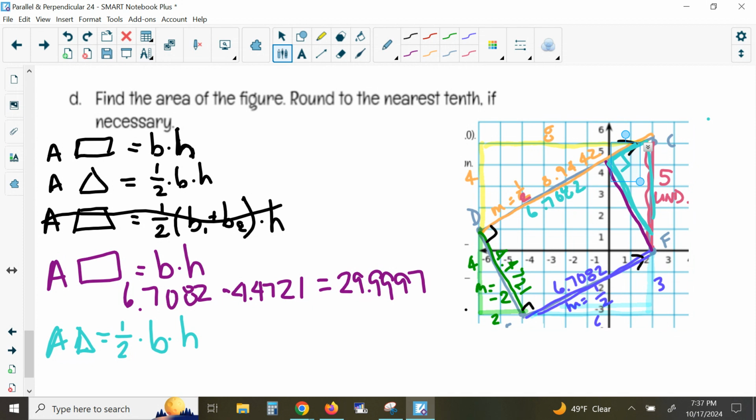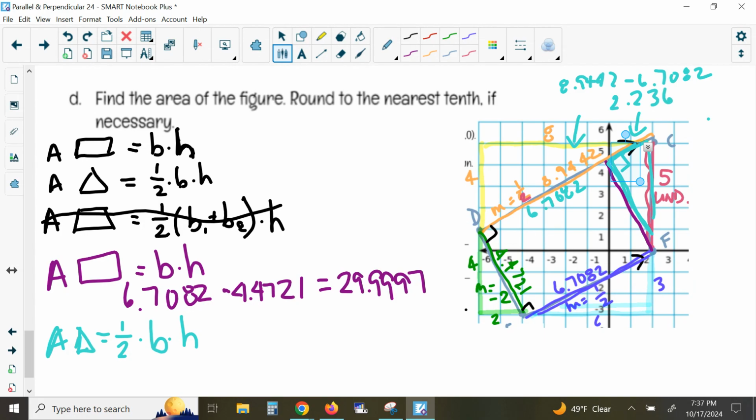So if we subtract 8.9442 minus that 6.7082, we're going to get this top piece to be about 2.236.